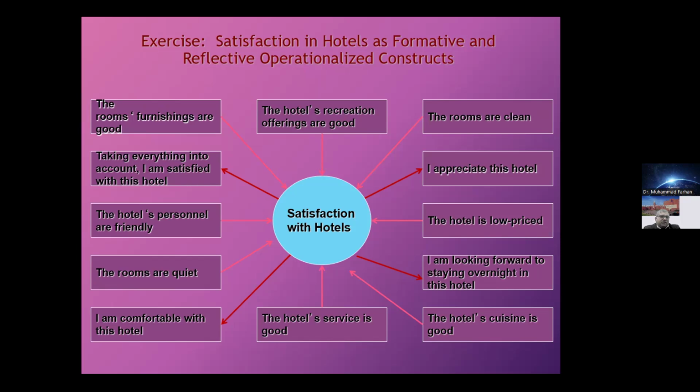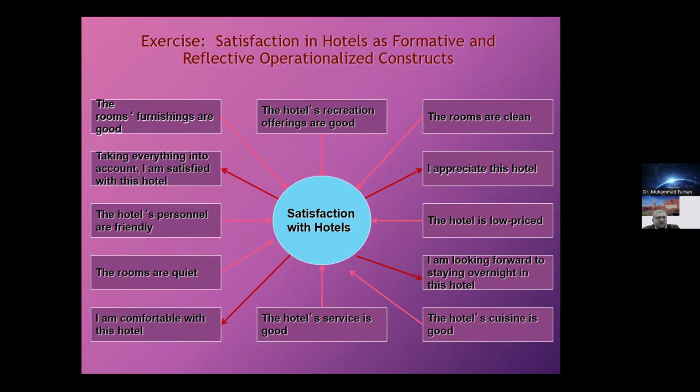Another item says, I appreciate this hotel. Then comes, I am looking forward to staying a night in this hotel. And then, I am comfortable with this hotel. So you see, the arrows are outward. They are indicating my level of satisfaction. Even if you drop one item, it is not going to affect the satisfaction level much.